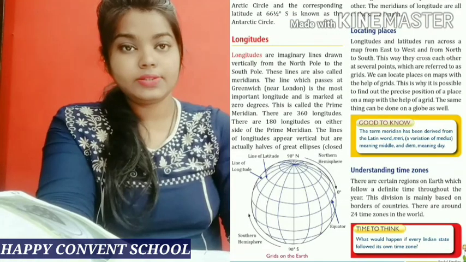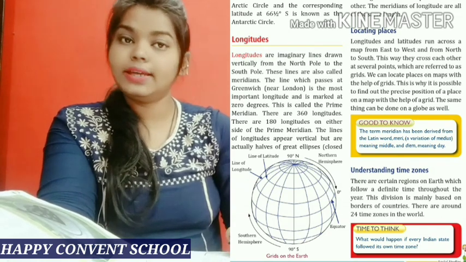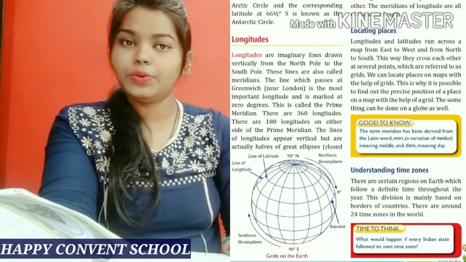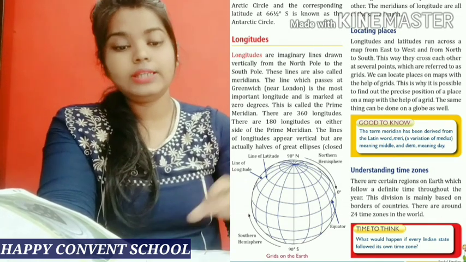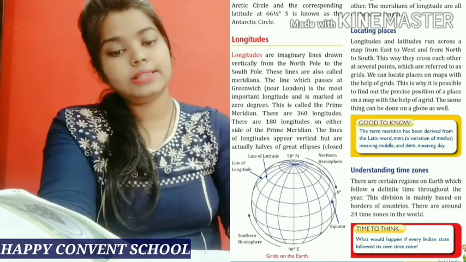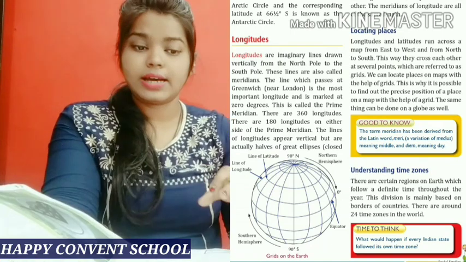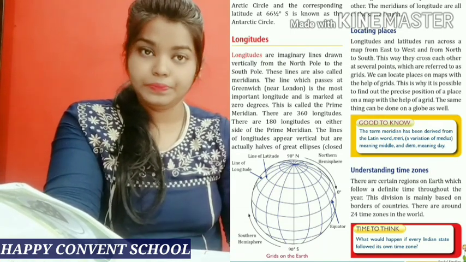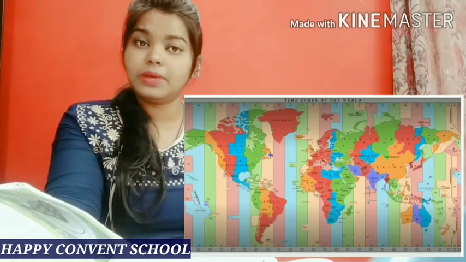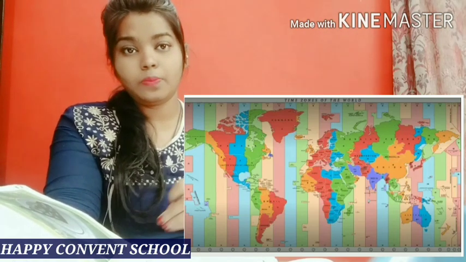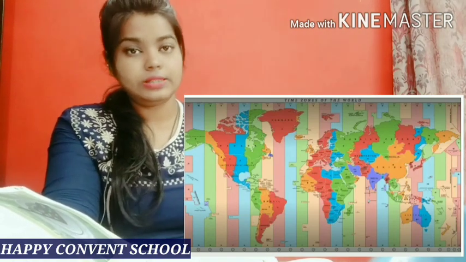Okay, the next topic is understanding time zone. So what do you mean by time zone? On Earth we can notice that there are certain regions which follow a definite time throughout the year. So this division is mainly based on the borders of the countries.